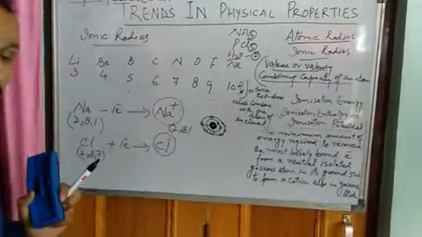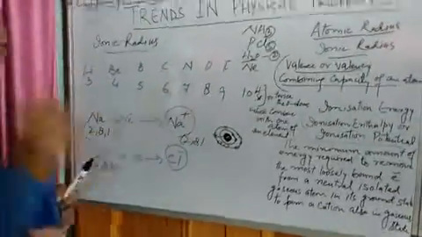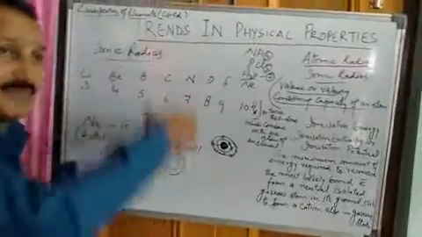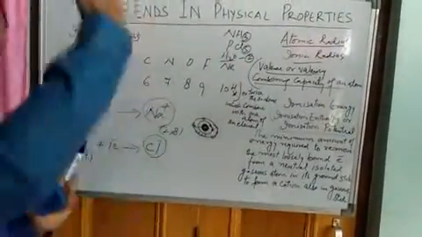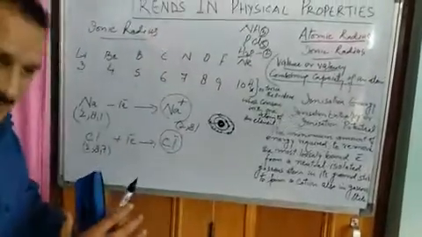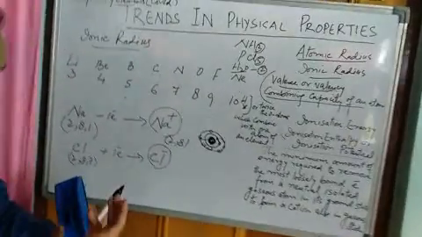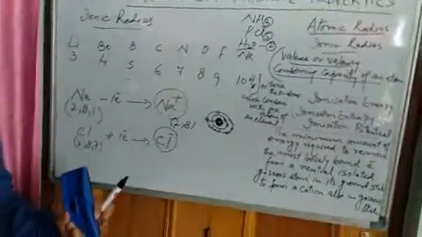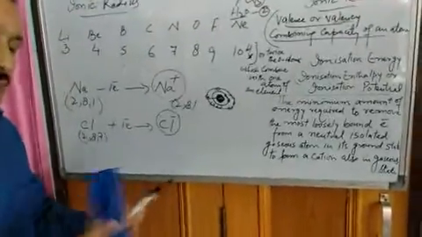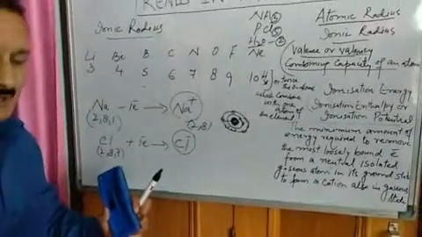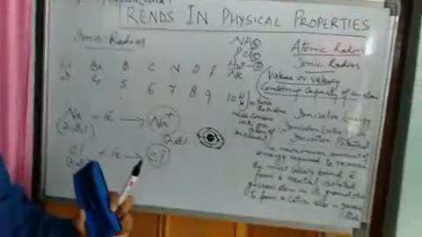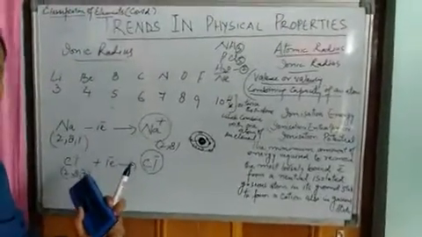Why does it go on increasing in a group, as atomic radius also does? Because when we move from top to bottom in any group of the periodic table, the atomic size goes on increasing. Why? Because as we come down, new shells keep on adding, and consequently ionic size also increases.